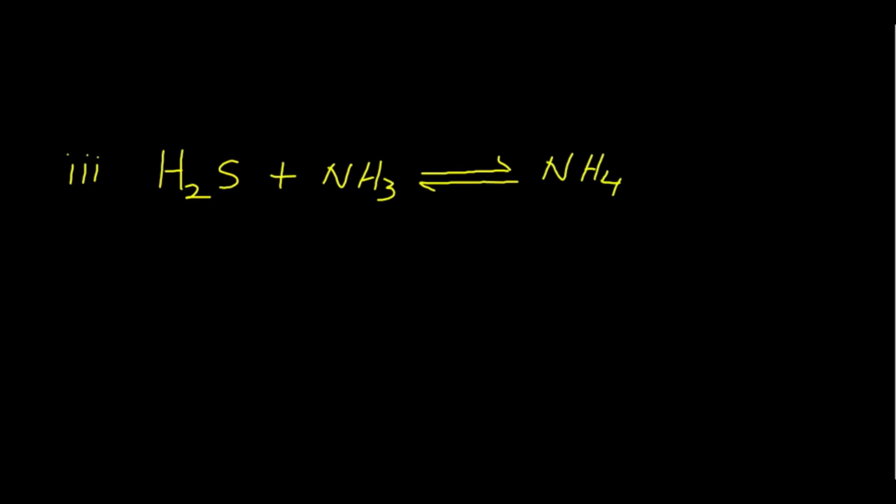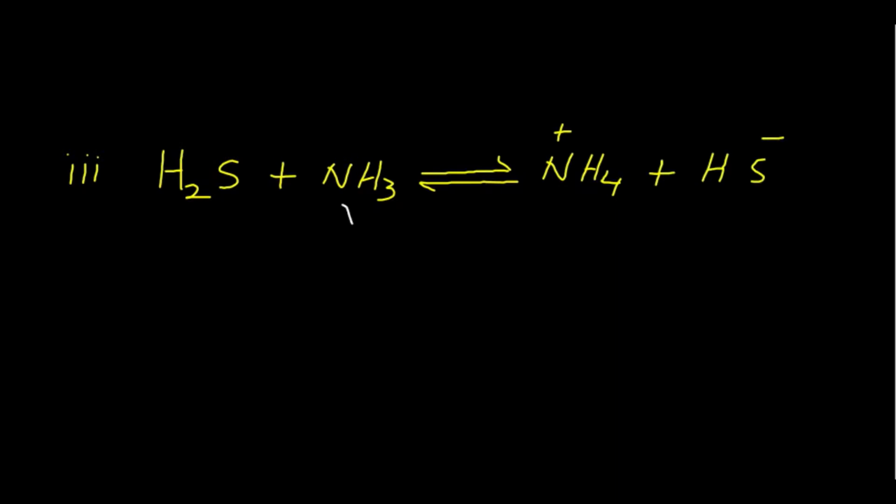Now we will see the next question which is given. In number 3, we have the reaction of H2S, hydrogen sulfide, with ammonia NH3. In a reversible reaction, after the reaction we get NH4 plus and HS minus.